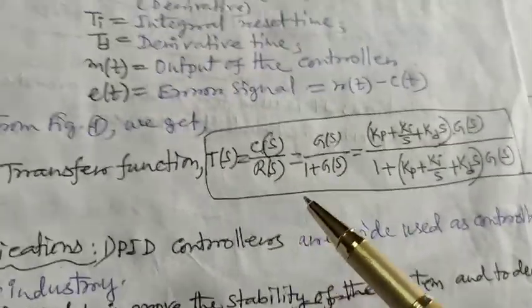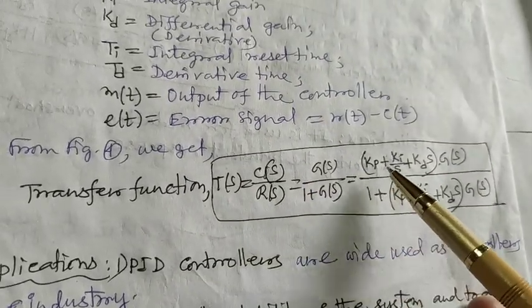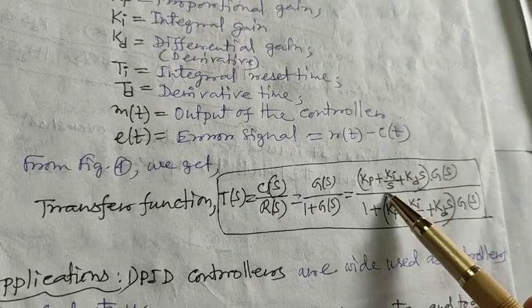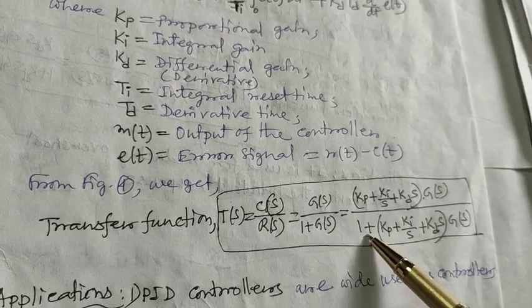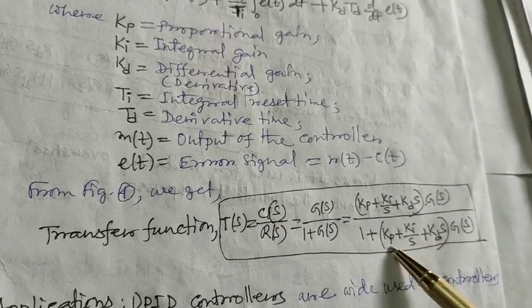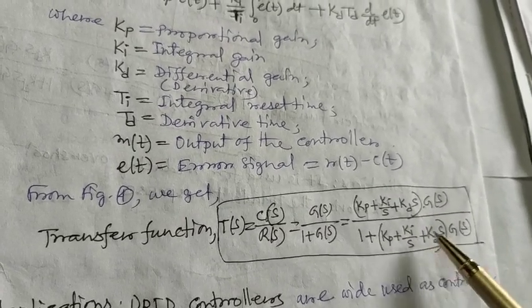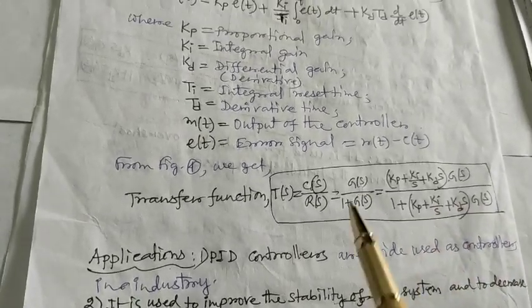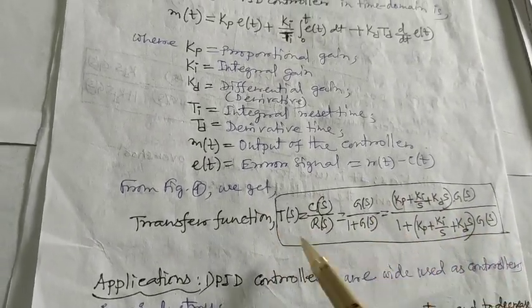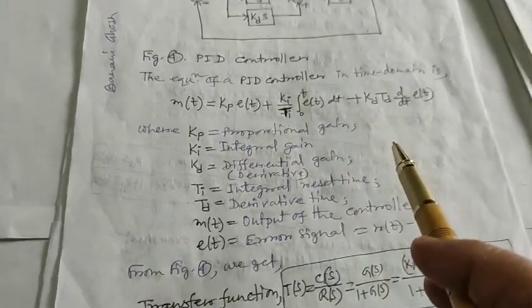So we can write C(s) by R(s) equal to (Kp plus Ki by s plus Kd s) whole into G(s) whole divided by 1 plus (Kp plus Ki by s plus Kd s) whole into G(s). This is the transfer function of the PID controller.